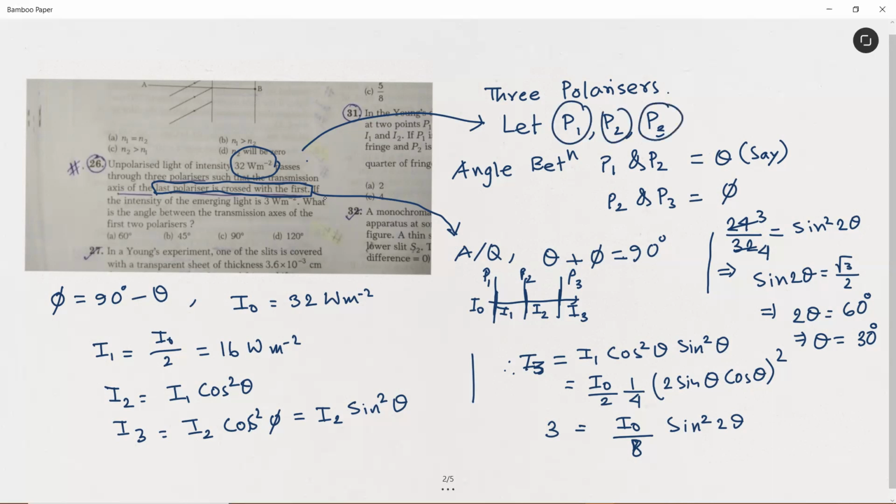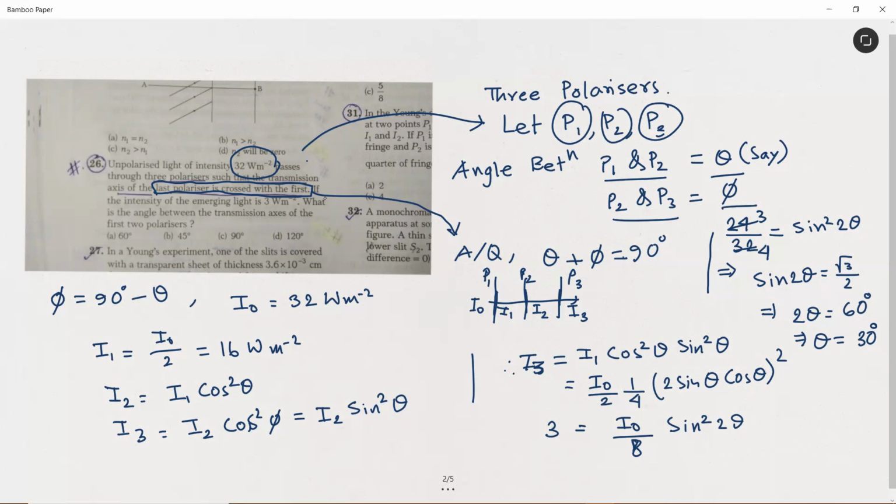That means, according to the question, the angle between P1 and P3 will be 90 degrees. Let us choose the angle between the first 2 polarizers as theta, and between the next 2 as phi.